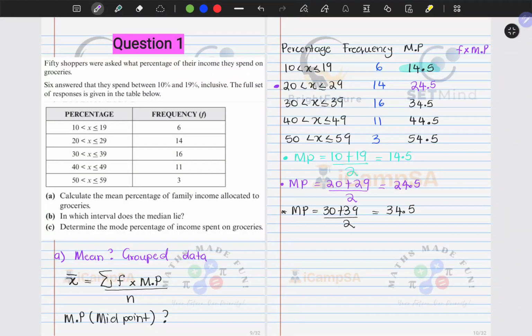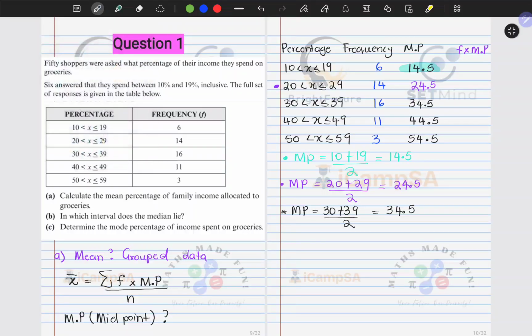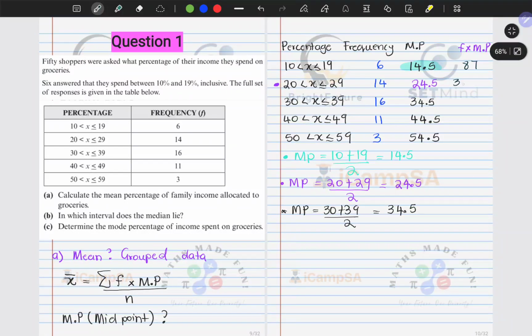Okay, so I'm going to go and quickly deal with those. Here, let me see if I can grab a color here. Let's use that. So I'll have 6 multiplied by 14.5. Okay, and that gives us 87. Then I'm going to have 14 multiplied by 24.5, and that gives us 343.